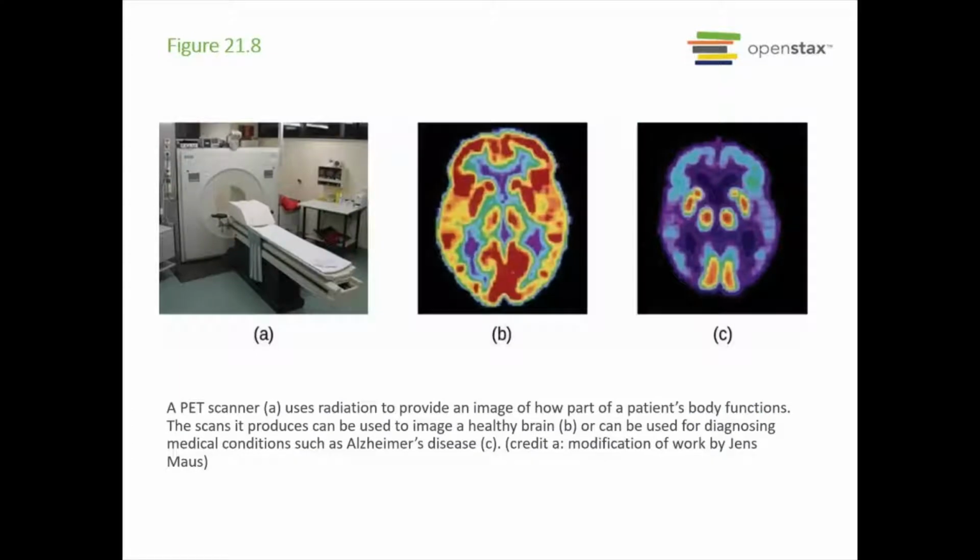Positron emission tomography, or PET scans, use radiation to diagnose and track health conditions and monitor how treatments are affecting a patient's body. A positron-emitting radioisotope is produced in a cyclotron and then attached to a substance used by the part of the body being investigated.